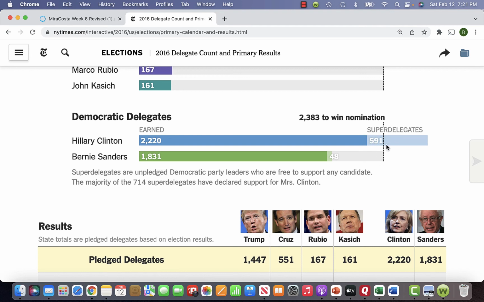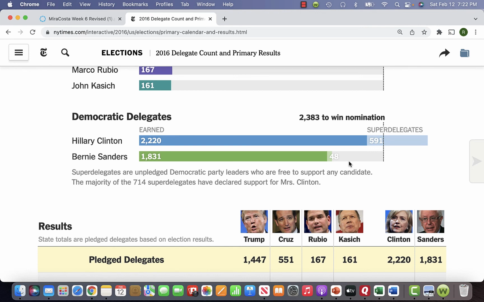Remember, these are individuals. So when the author says that party elites cannot determine who the nominee is going to be, I'm going to disagree with that on the Democrat side, because we can see if we switch that 591 to Bernie, that would have pushed him past the criteria needed to win. Okay, so something that's really easy to understand.